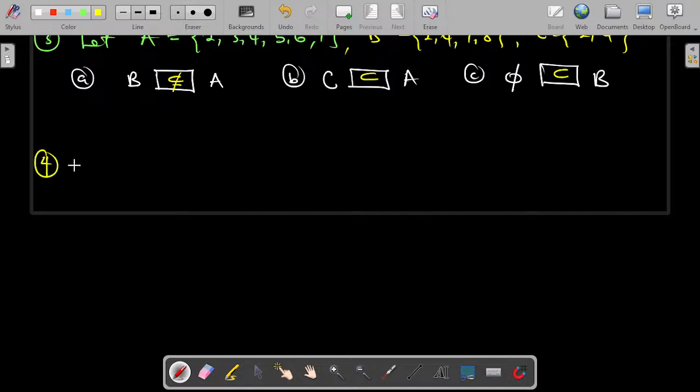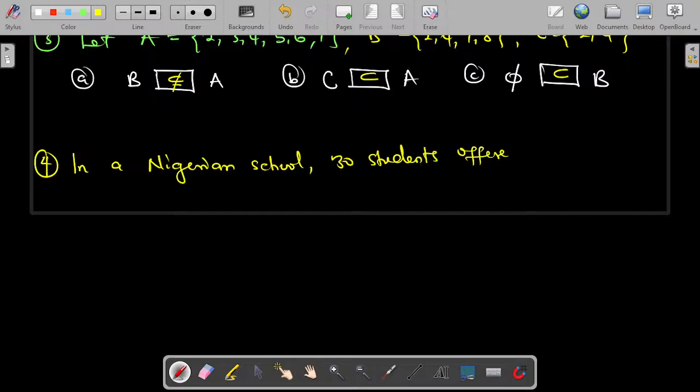For the fourth, we are told that in a Canadian school, but let me say in a Nigerian school, 30 students offer music. I may not be able to finish writing this because of time.